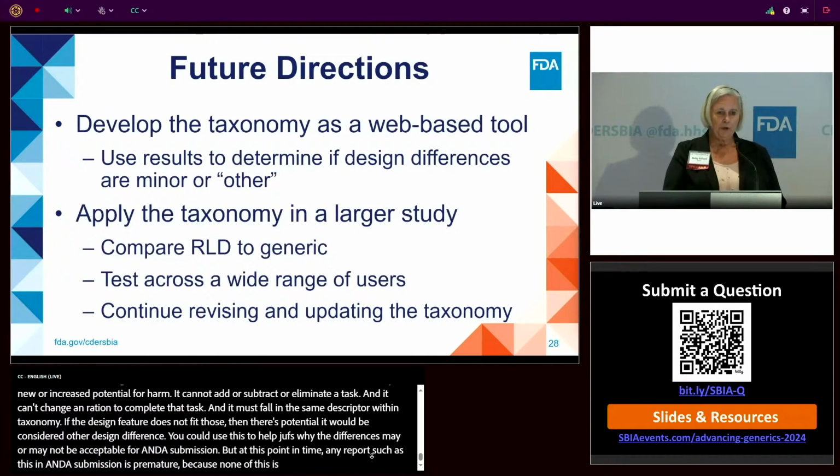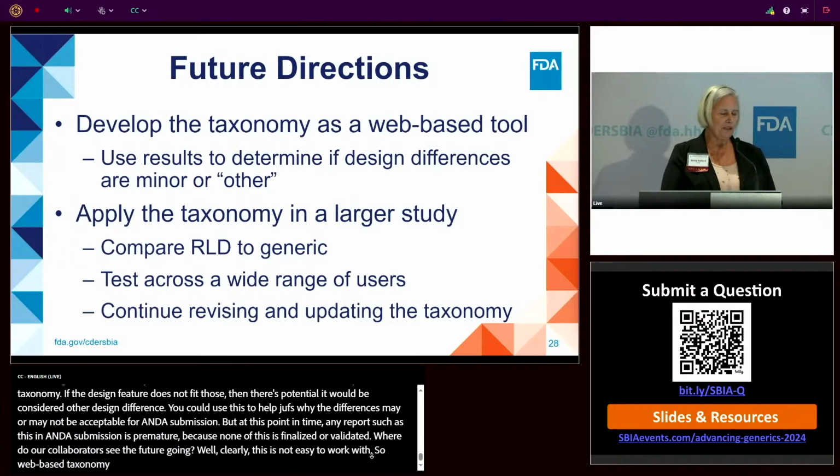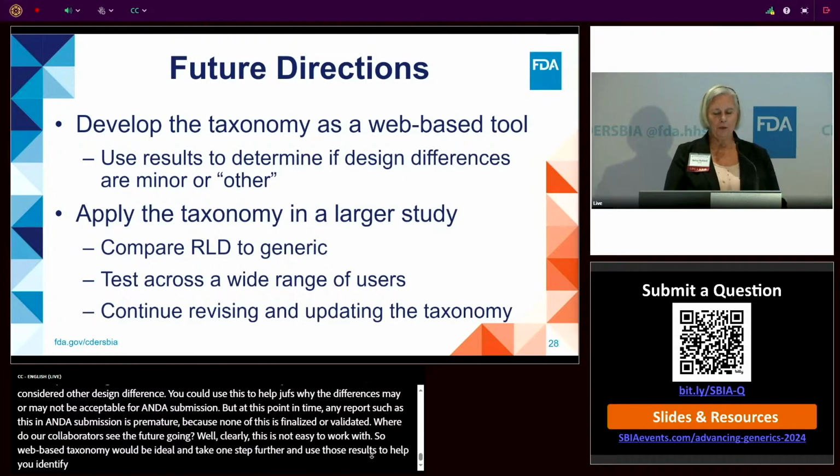Where do our collaborators see the future going? Well, clearly, even a spreadsheet is not the easiest to work with, so a web-based taxonomy tool would be ideal. They want to take one step further and use those results to help you identify minor versus other, and that'll be a risk-based and task-oriented assignation.